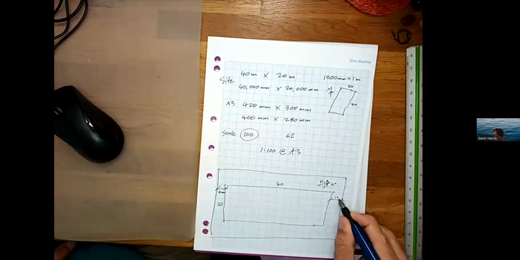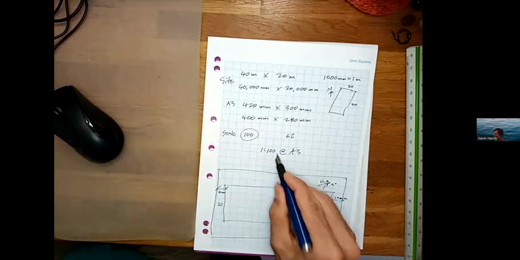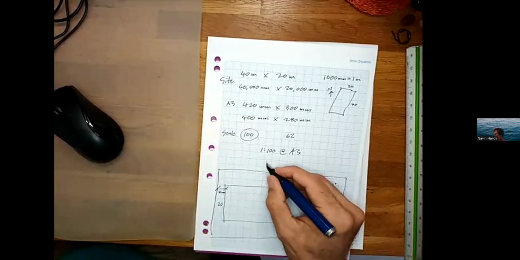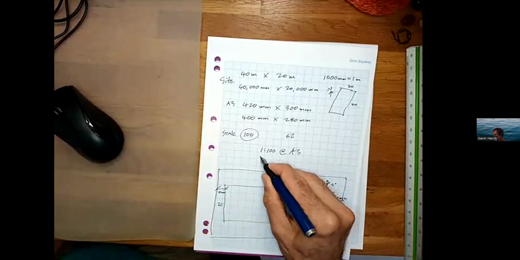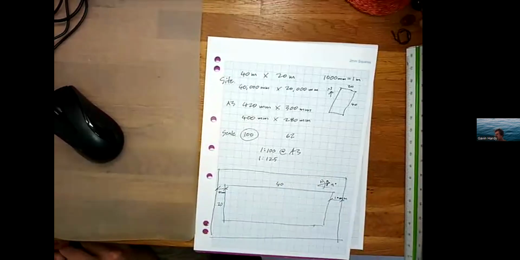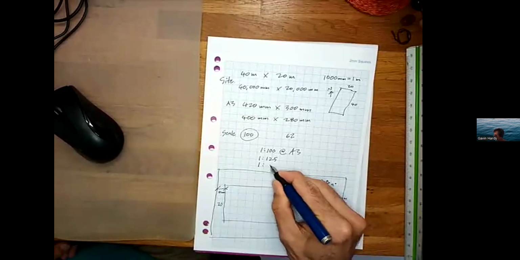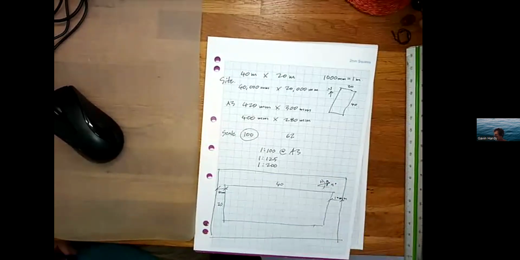That might not be enough for you. You might want to go for a smaller scale. So rather than 1:100, you might want to consider 1:125, which is sort of a standard scale, or even 1:200.